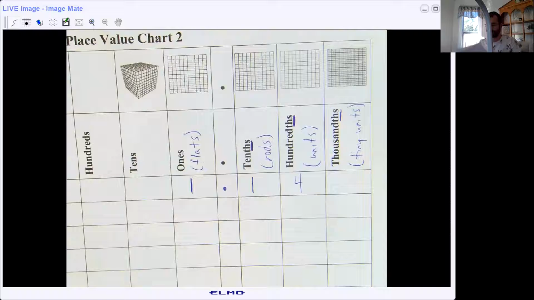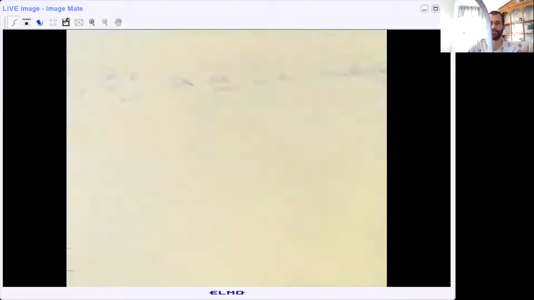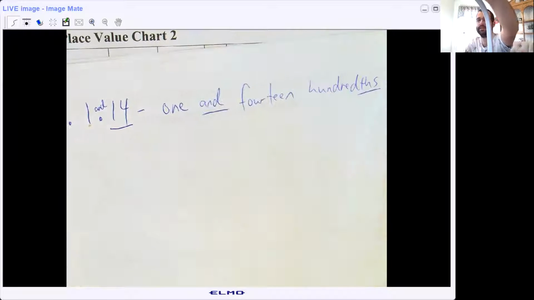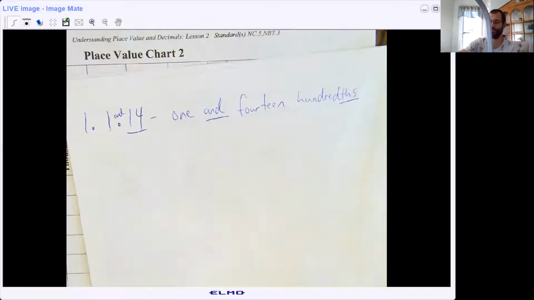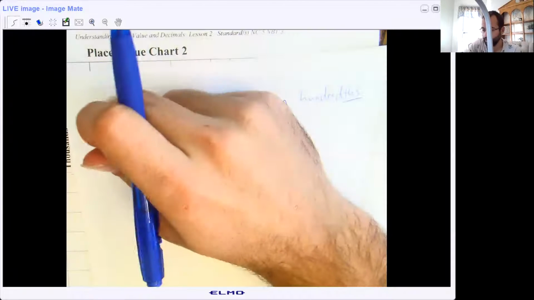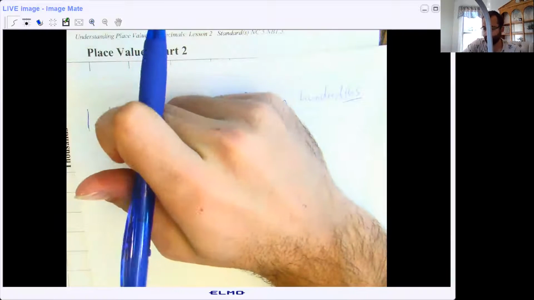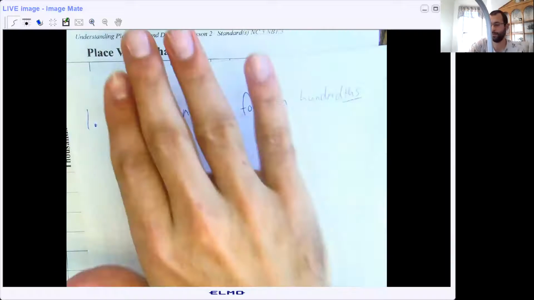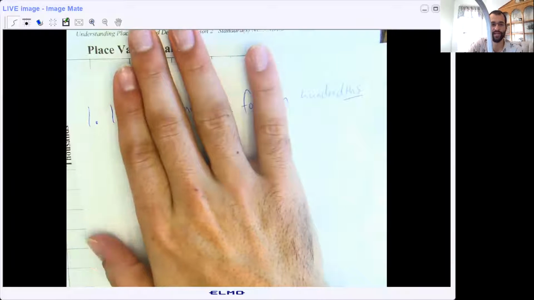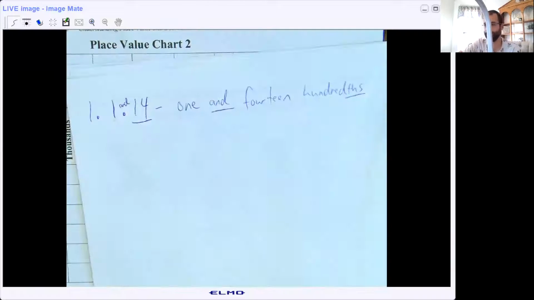Now you're going to write this down on page 100. On page 100, you're going to write how you would say this in word form. So let's see if you remember from yesterday. How I rewrote it from my place value chart, I'm going to start with whatever is right next to the decimal, which is 1. Really easy, 1.